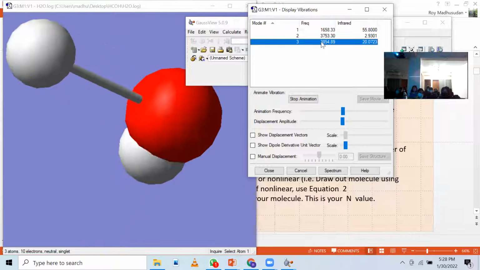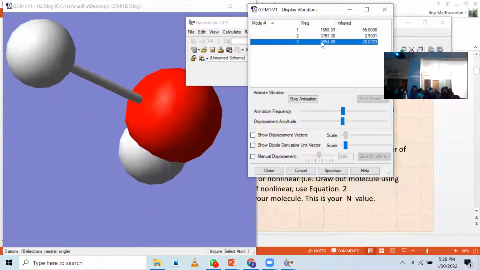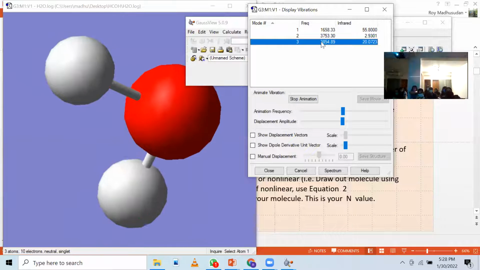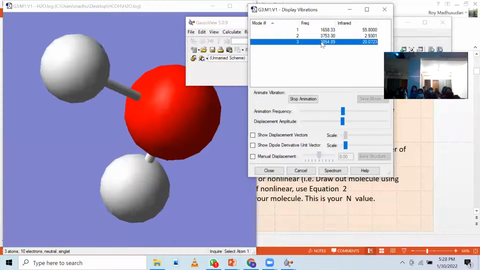Why? Because, you are familiar with the magnet? You know a magnet has different poles: north pole, south pole. For molecules, we also have something similar. You are familiar with polarity?